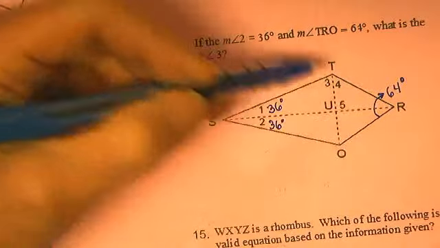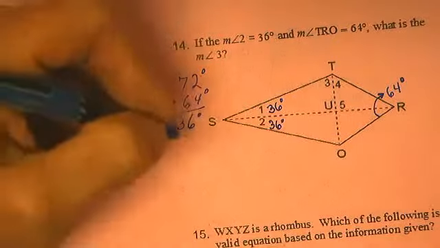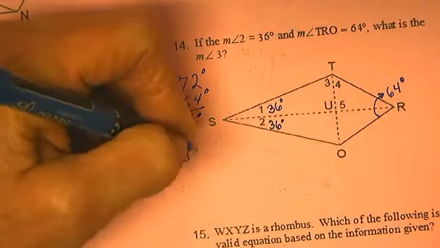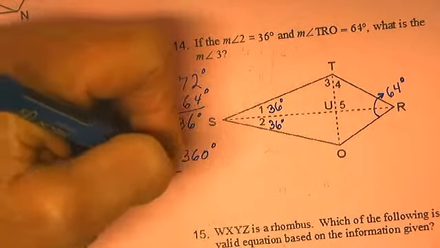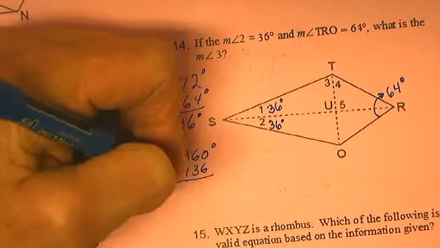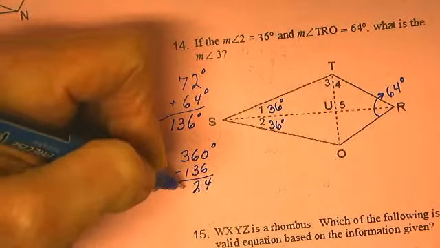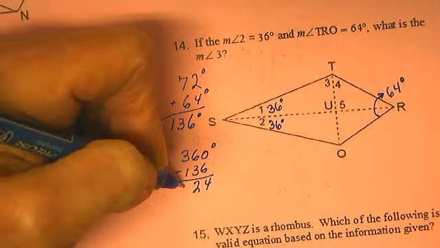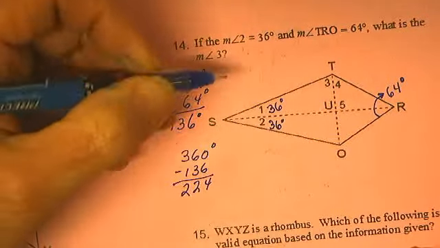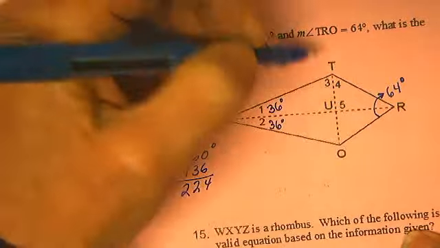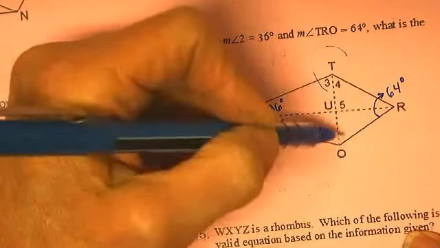The four angles of a quadrilateral add to 360. Minus 136 means that we have 224 degrees for this angle plus that angle.